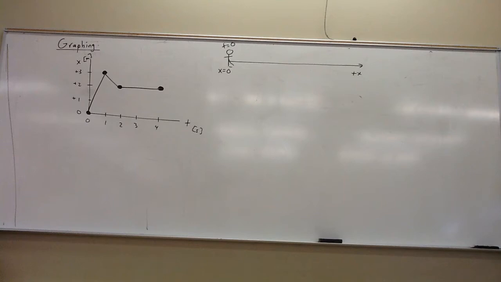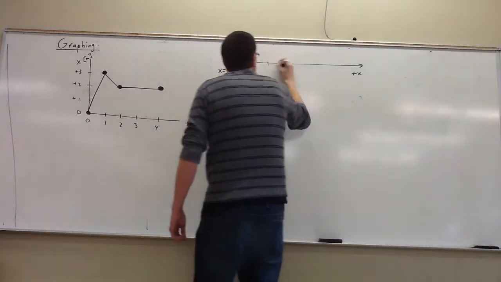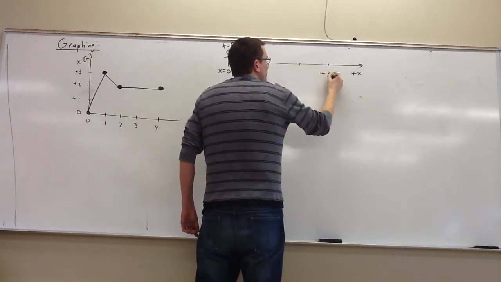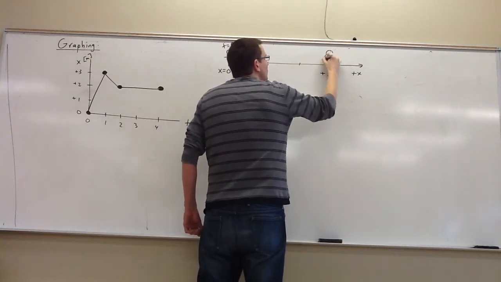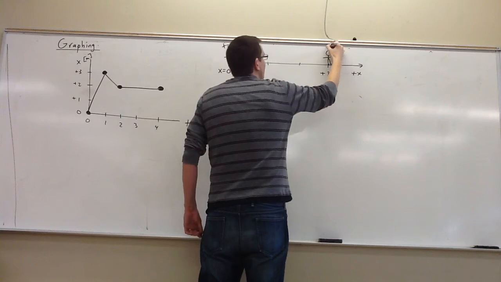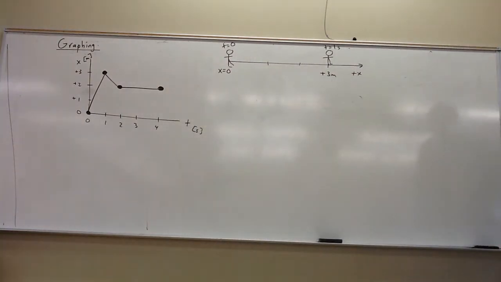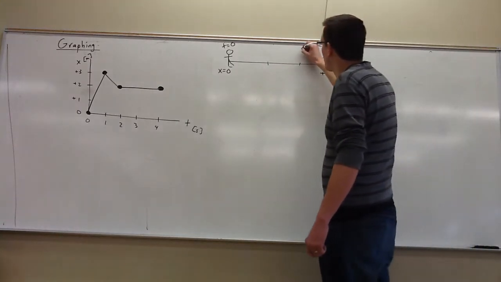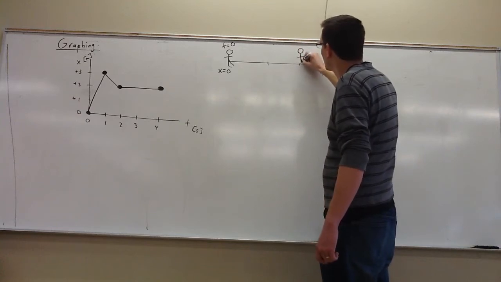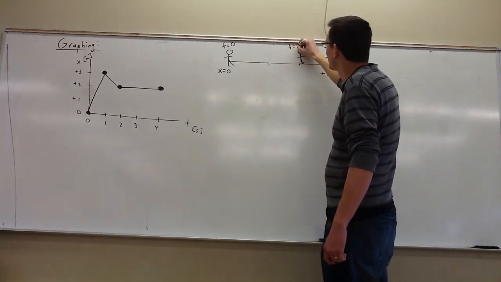And then, after 1 second, they're all the way over here at plus 3 meters. So that's your t equals 1 second. I'm all the way over there. Then apparently after 2 seconds, I come back a little bit. So this is 2 seconds.